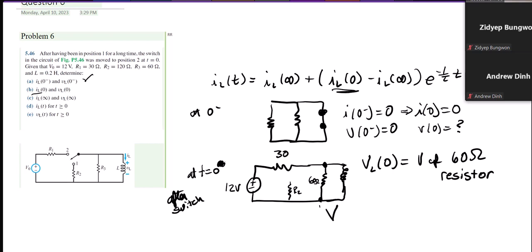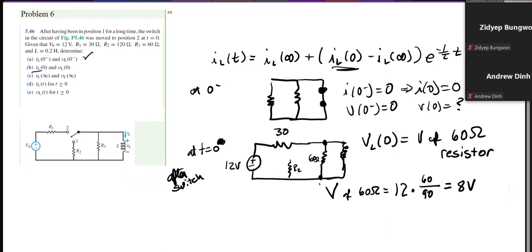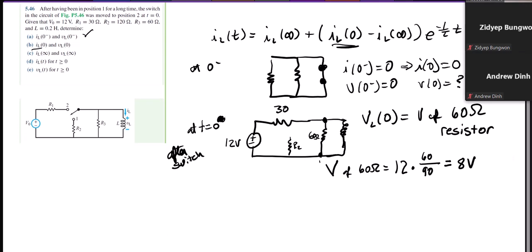So V of the 60 ohm resistor equals the total voltage times the resistance of that 60 ohm resistor over the sum of the two resistances, which is 8 volts. So VL of 0 is 8 volts.